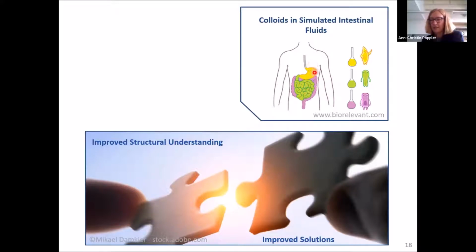And we would like to learn more on this to maybe even be able to shorten a bit the gap between what we observe in vitro and what is then actually happening in vivo. So we are starting with these simulated intestinal fluids, and then we want to go more complex in the future.